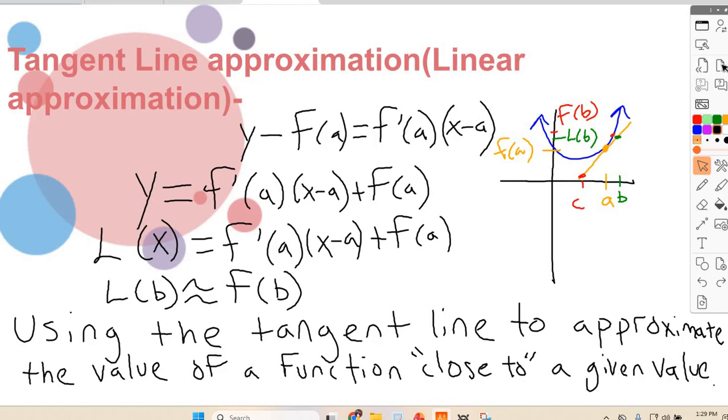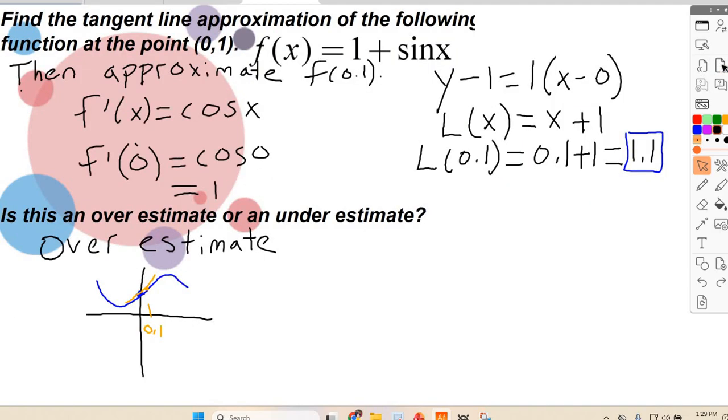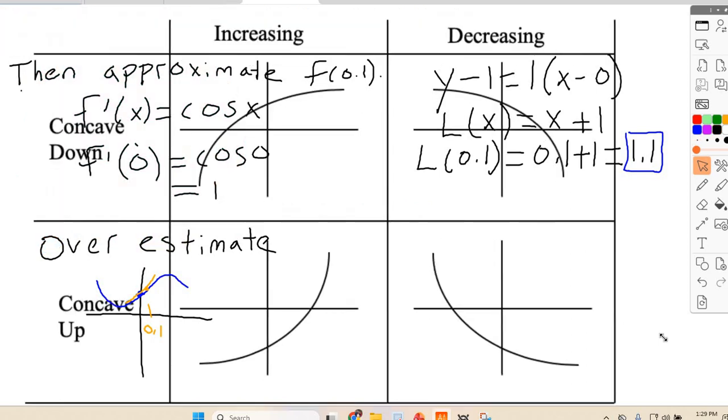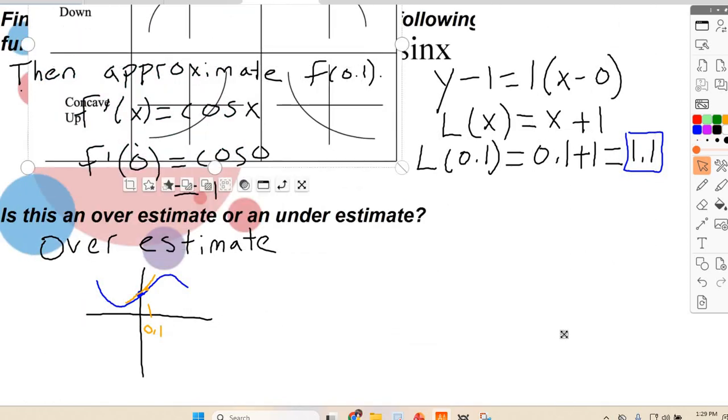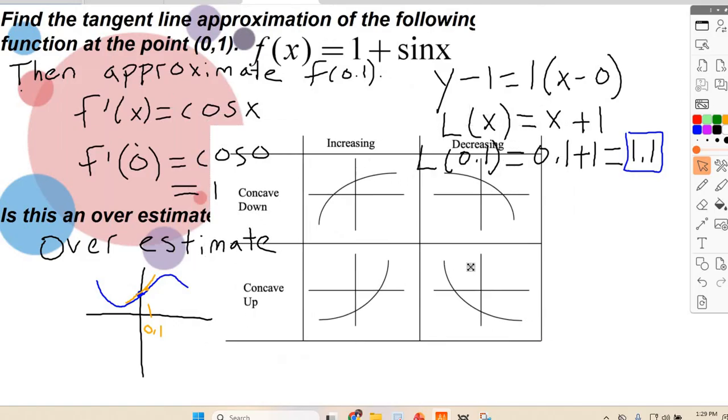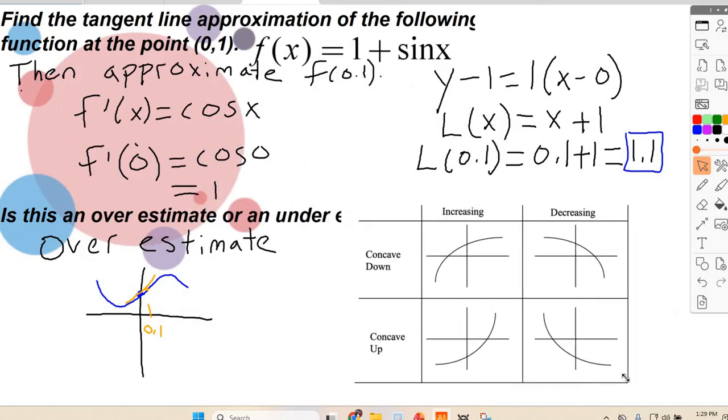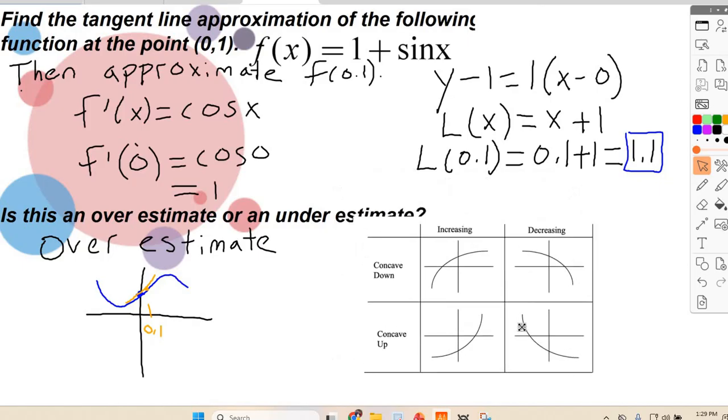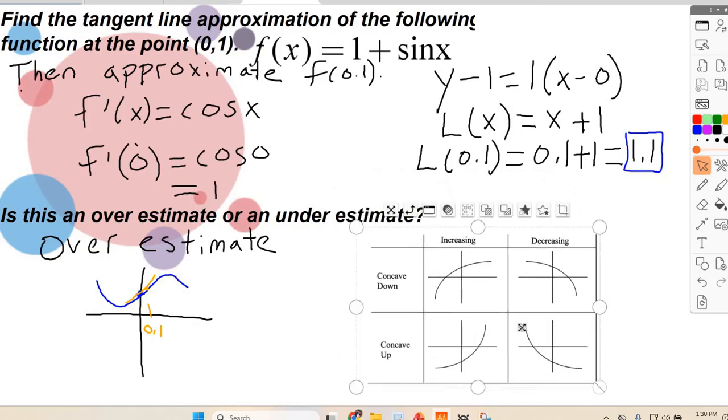So might it be a good idea to at least check what would happen if we were decreasing on them? Yeah, just to make sure that it is just dependent upon our concavity. So let's look. So we looked at both of the increasing.